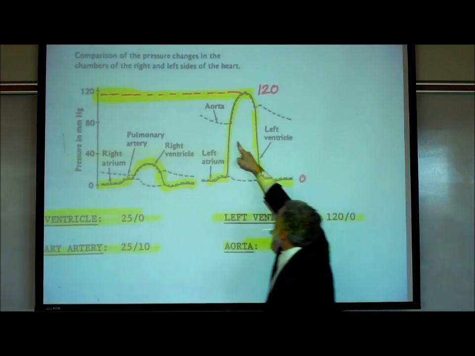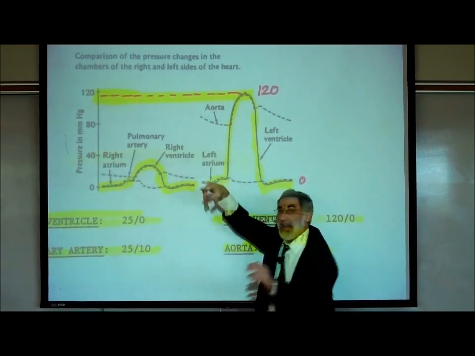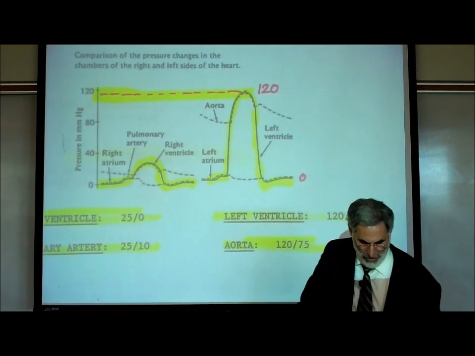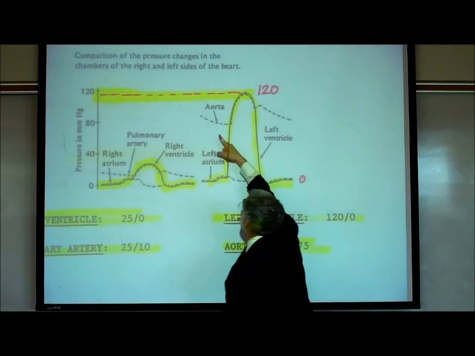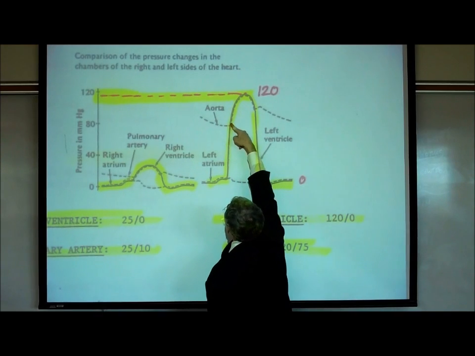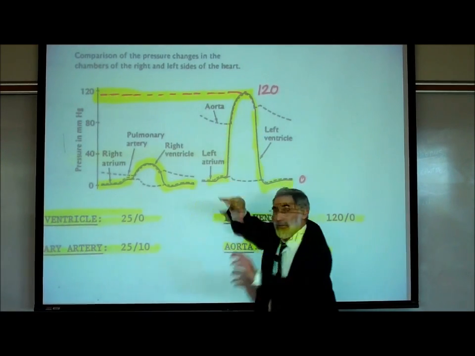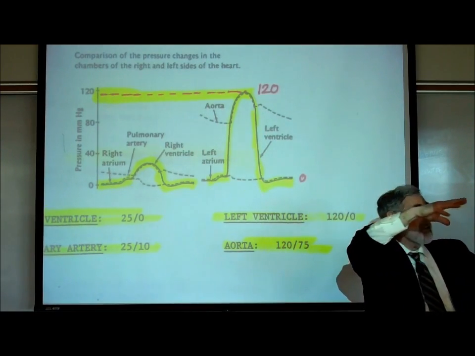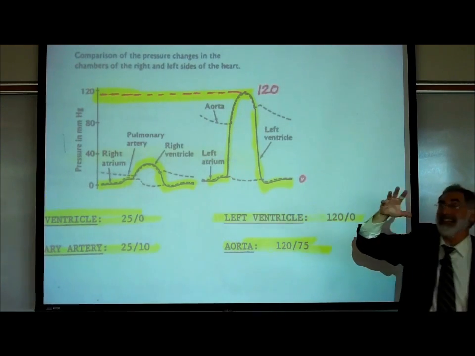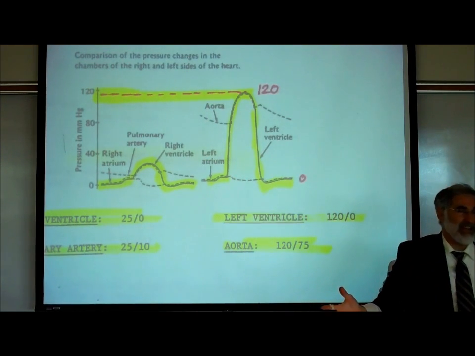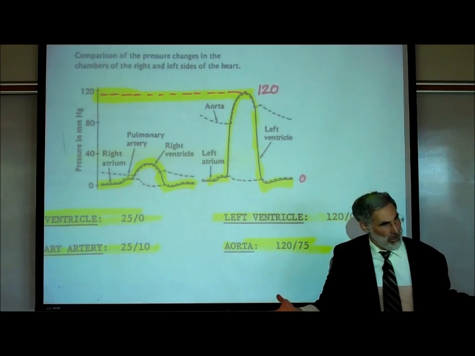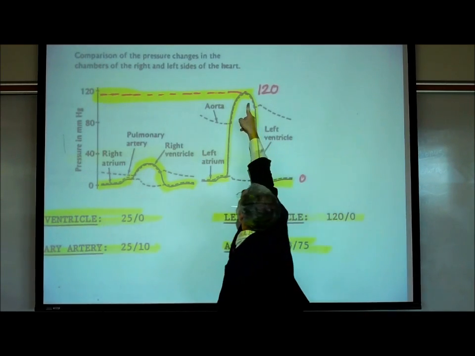Notice also, here the dashed line, just like that big graph we had seen earlier on page 206 before the break, here's the blood pressure in the aorta, and remember, once the aortic valve is open, whatever the blood pressure is in the left ventricle, that's exactly what the blood pressure is in the aorta. And so it reaches a high of 120.